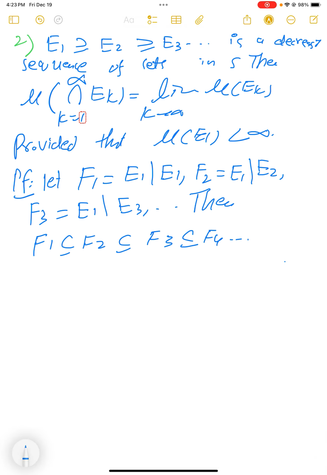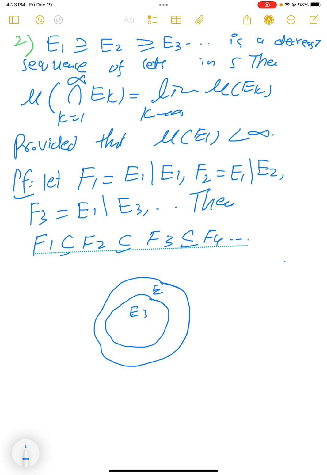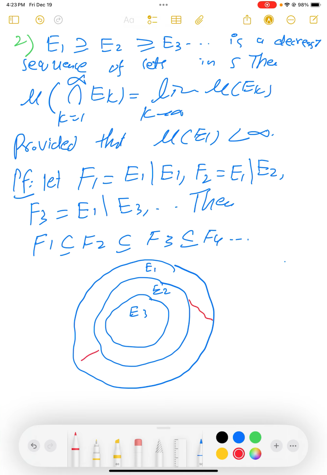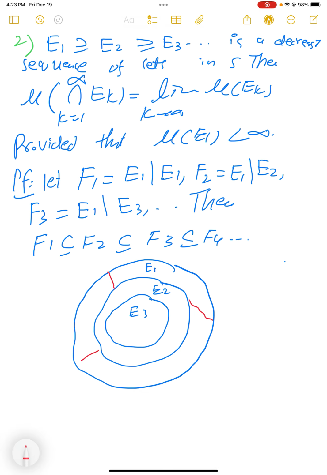To see how, it is very obvious. Suppose this is E3, and this is my E2, and suppose this is my E1. Now what can we say about this part? This part is nothing but E1 difference E2, and this part is E2 difference E3.